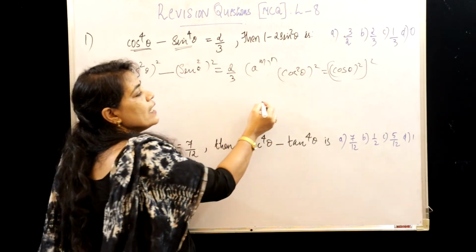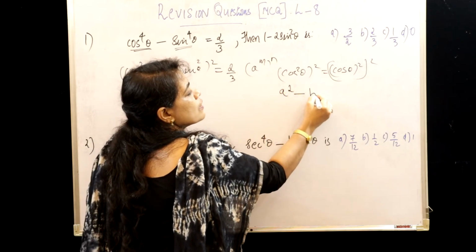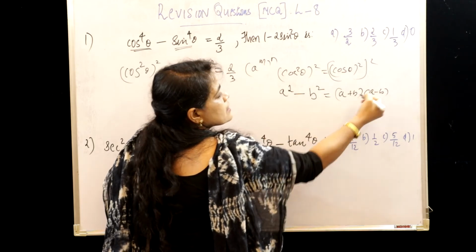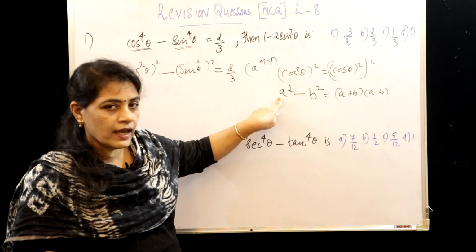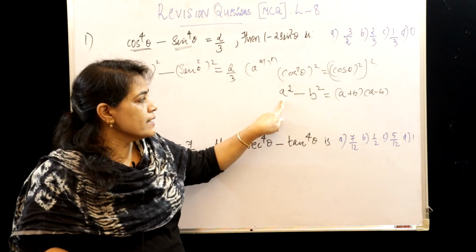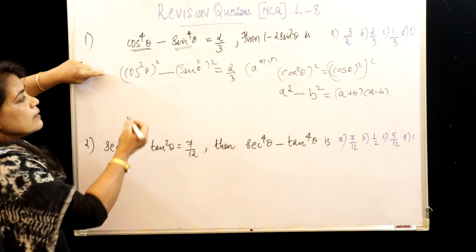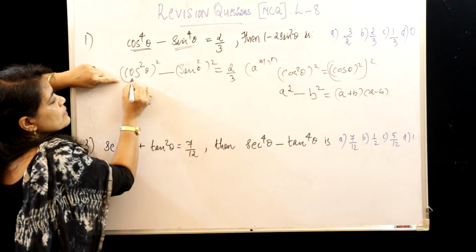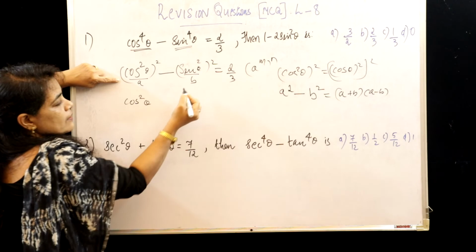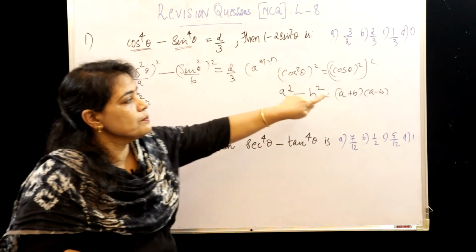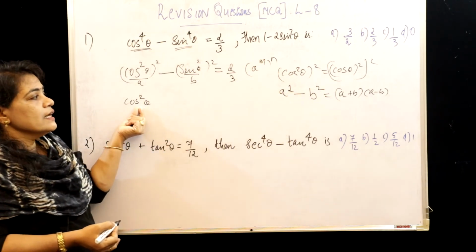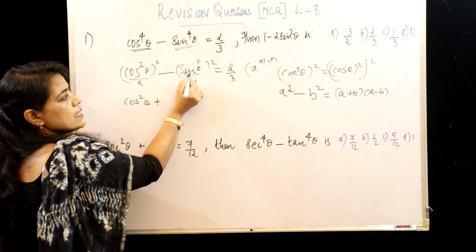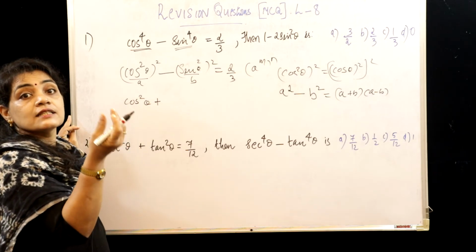So we can now apply the identity a square minus b square equals a plus b into a minus b. The power is 2 and its base is cos square theta, so that is a, and sin square theta is b.